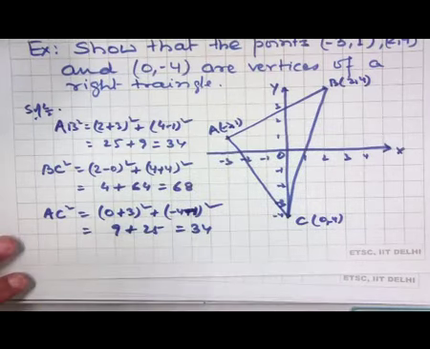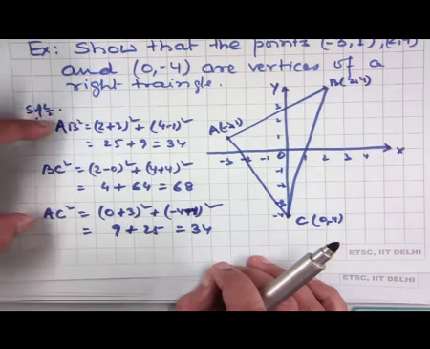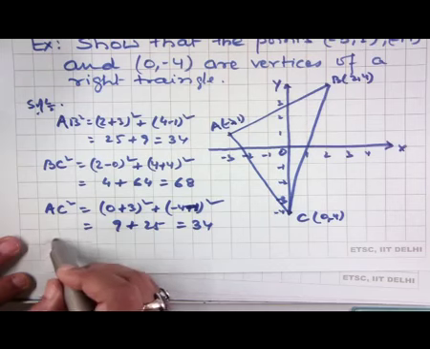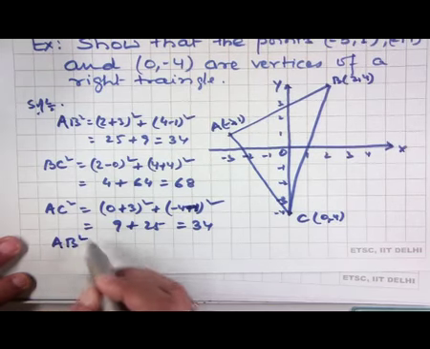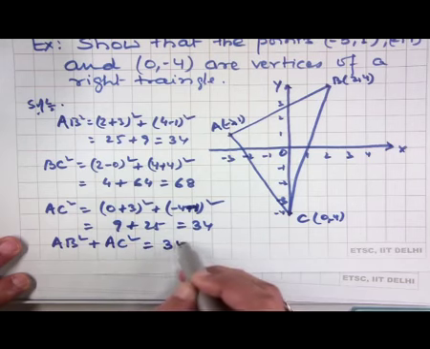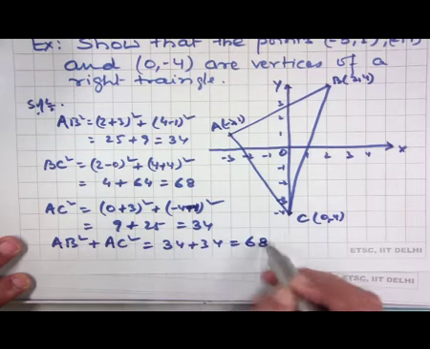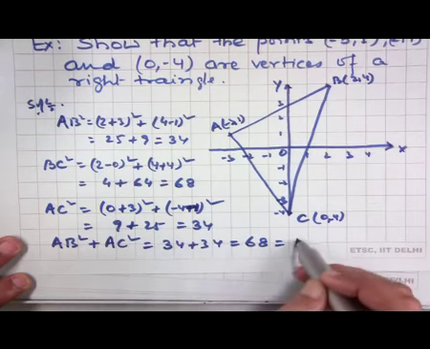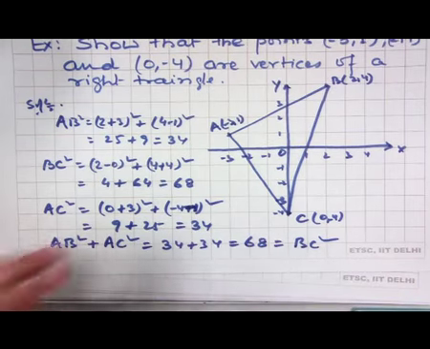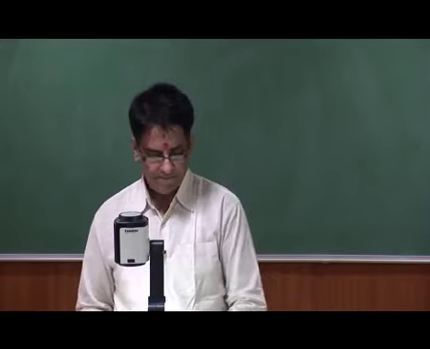So we can see here the sum of AB square plus AC square equals BC square, means AB square plus AC square is equal to 34 plus 34 equal to 68 equal to BC square. So by Pythagoras theorem we can say this triangle ABC is a right angle triangle.